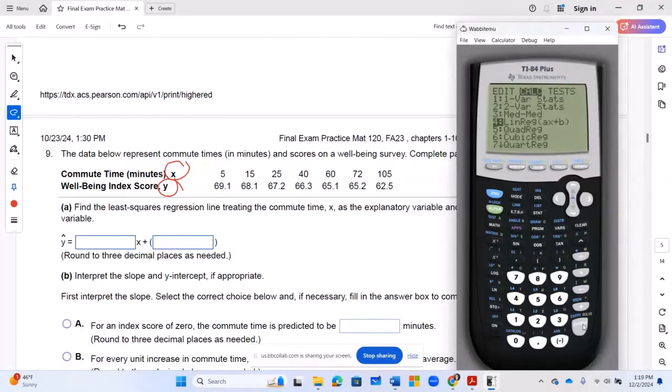So I like to select number 4. All right. L1 and L2. Okay. So L1 is my predictor variable. L2 is the response variable. Frequency, I don't have frequency. I delete that. I make sure I delete that because I don't have frequency. And it's asking me right there, do you want to put your equation in any of the functions?